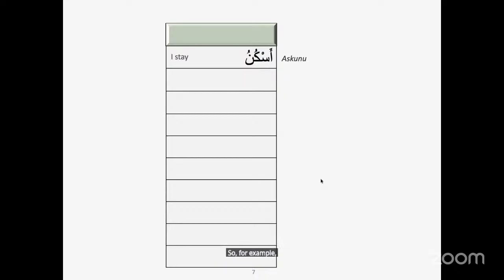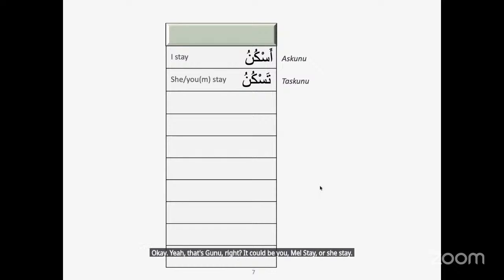So, for example, if I say أنا أسكن, I can say أسكن في Cape Town. That's askunu, right? It could be you male stay or she stay. So I could ask, Ahmed, أين تسكن?